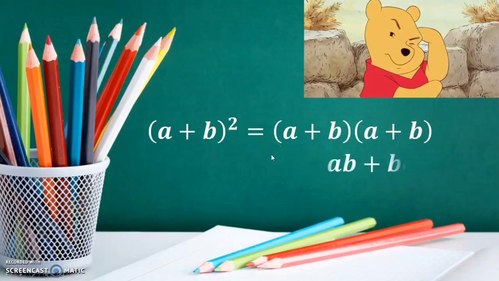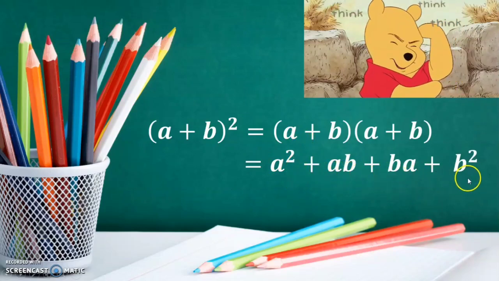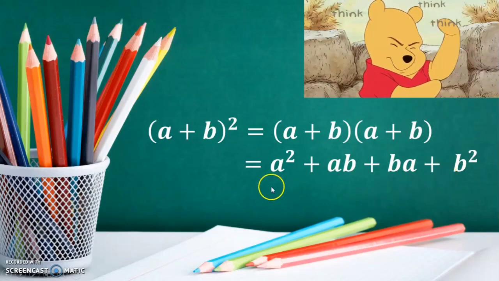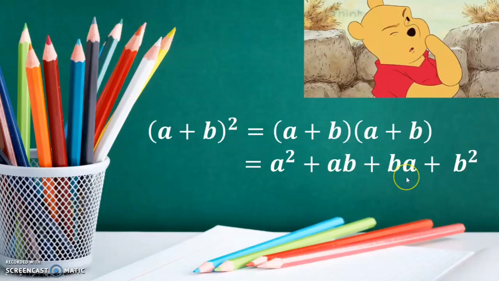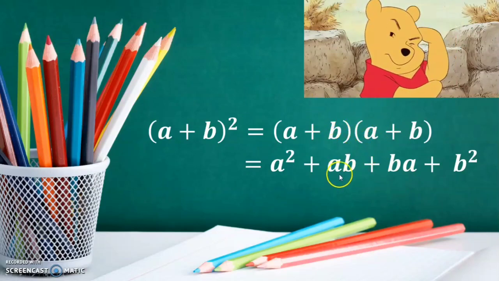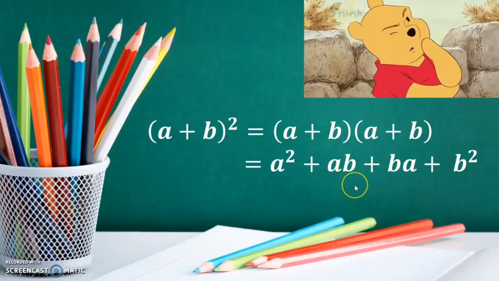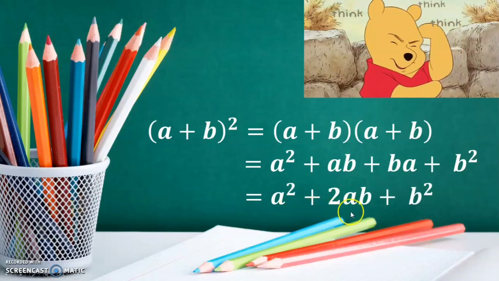So we get a square plus ab plus ba plus b square. Now we all know ab plus ba is nothing but equal, so instead of writing ab plus ba, we write it as 2 times ab, which is equal to a square plus 2ab plus b square.